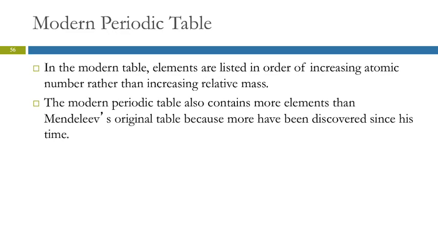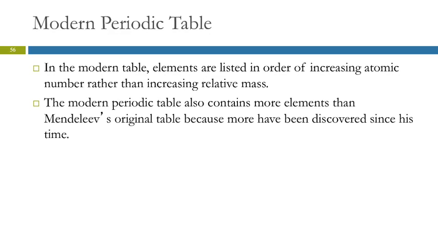In the modern periodic table, instead of arranging them by order of increasing mass, we order them by increasing atomic number. If you look closely at the periodic table, you'll find that there are a couple of pairs of elements where they're not in order of increasing mass. Anybody find any? Cobalt. Yeah, cobalt and nickel.